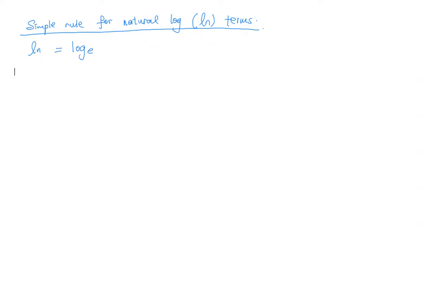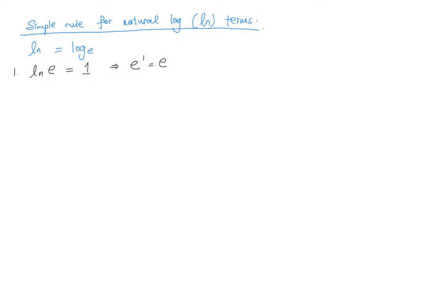The first thing that you must know about natural log is ln e. What is the answer? The answer is 1. Why? This is because e to the power of 1 is e.